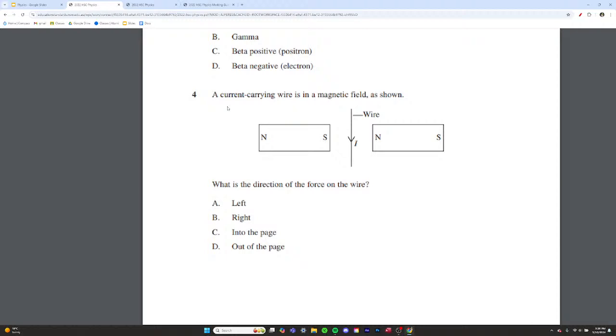What was I doing before? My fingers point, wait, are your fingers the current? No, because if your fingers are the current, then the force is coming out.